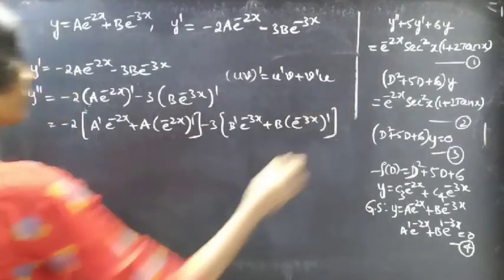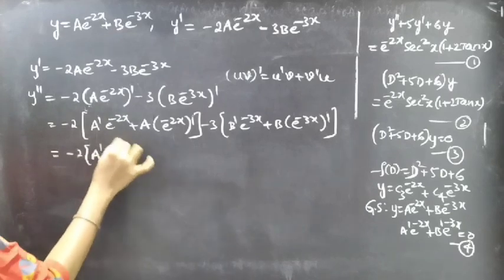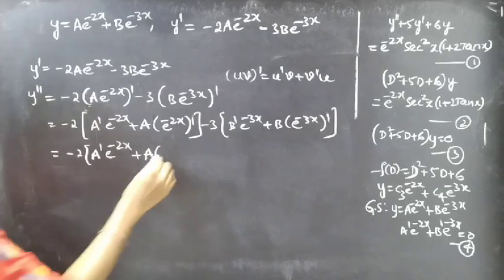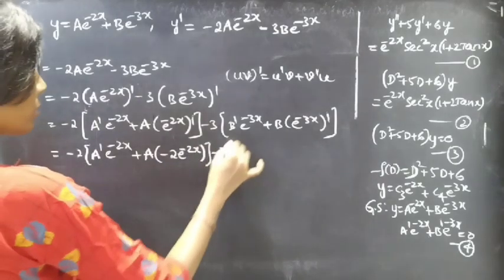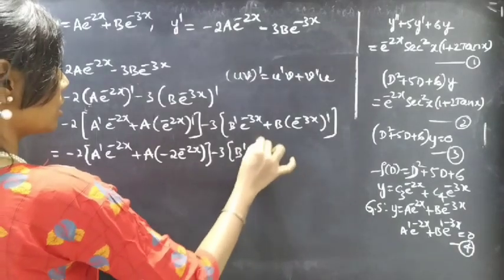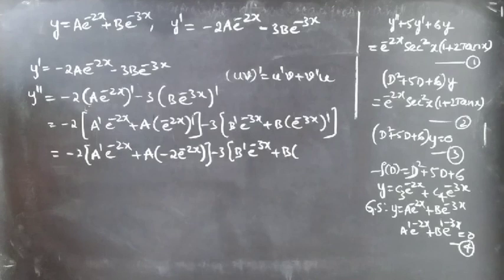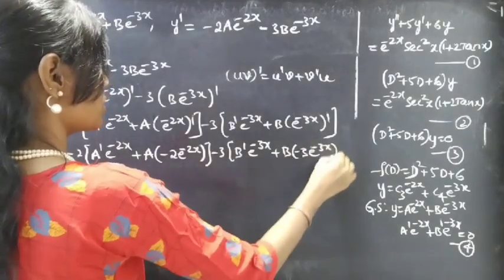The derivative of e power minus 2x with respect to x is minus 2 e power minus 2x, and of e power minus 3x is minus 3 e power minus 3x.